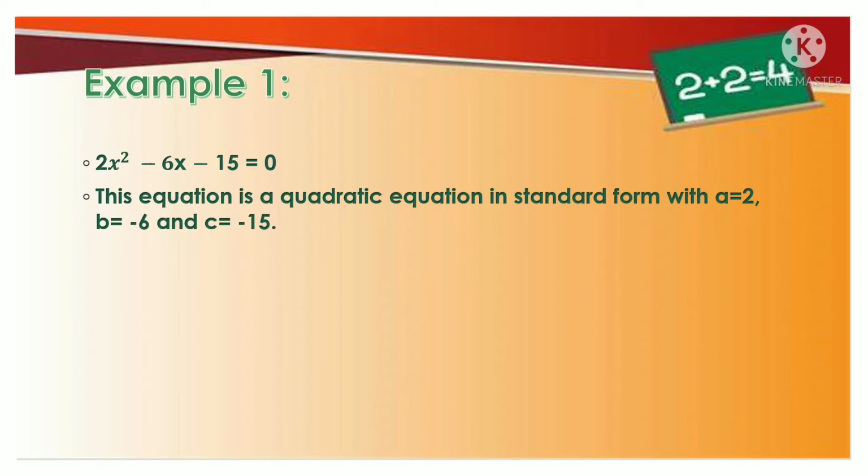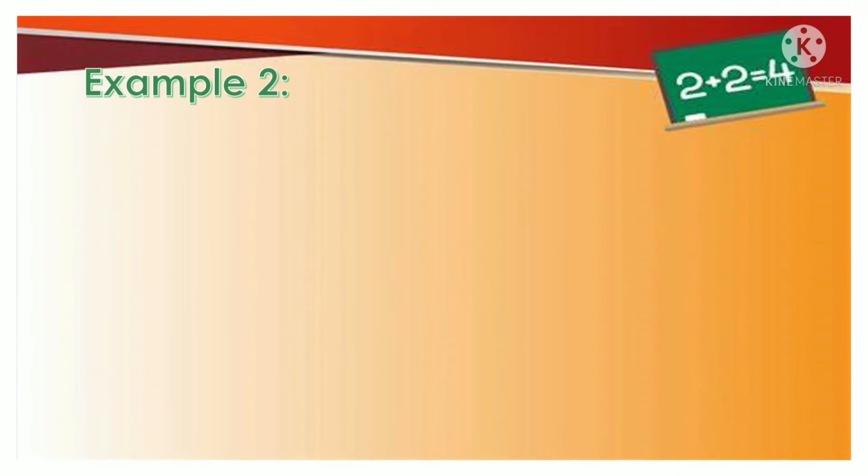This equation is a quadratic equation and already in standard form. So identify now the values of a, b, and c. We have a is positive 2, b is negative 6, and c is negative 15.